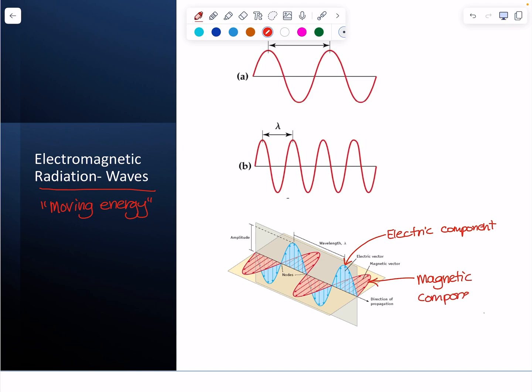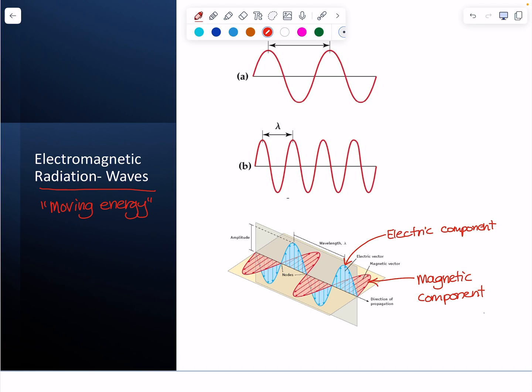When you study physics or physical chemistry, that dictates a lot of the math. But all we need to know for our purposes is the electric part and the magnetic part are traveling at right angles with one another.